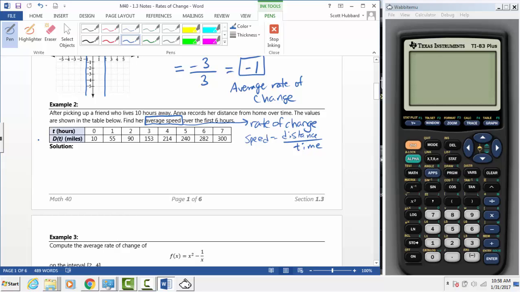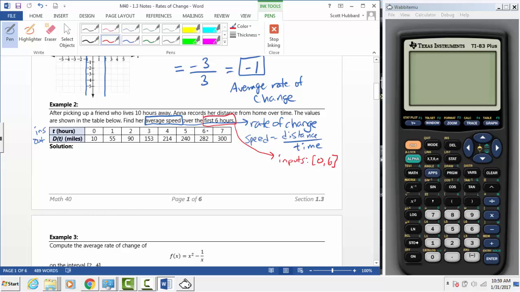Okay, so these are the outputs, and these are the inputs. And they went over the first 6 hours. So if they went over the first 6 hours, that means it's really on the interval 0 to 6. So let me write that here. The inputs are going to be 0 to 6.